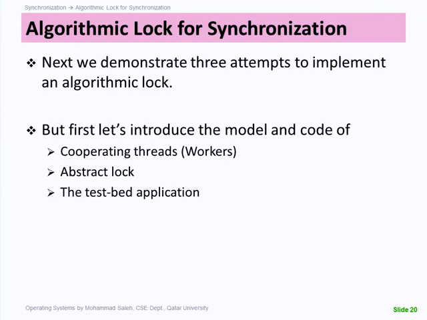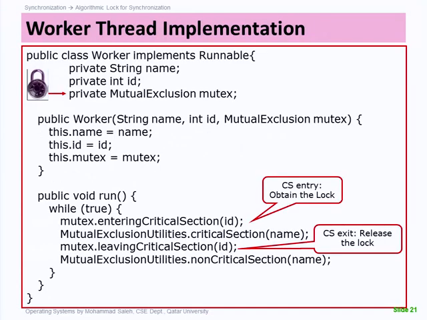But before going to the algorithms, let me show you the generic code of a cooperative thread executing critical section and non-critical section. If you're going to code a thread in a critical section problem, it's a class that implements a thread.